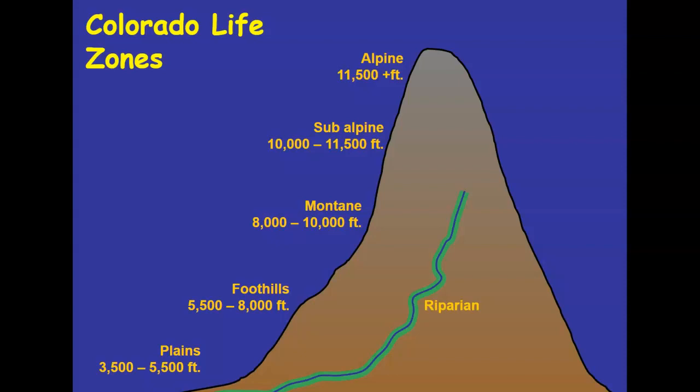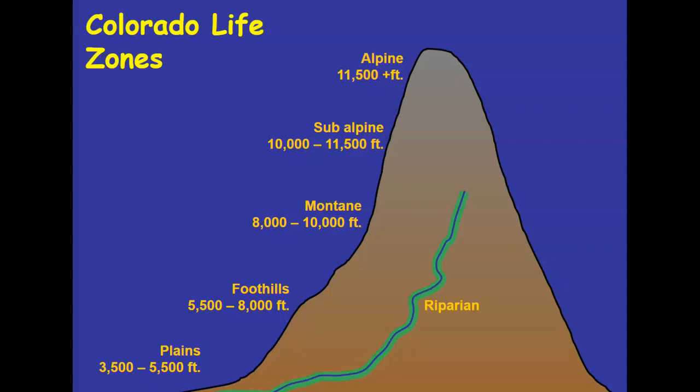The sun does not shine on the northern slopes in Colorado in the winter, so there's more moisture capacity. And then on the western and southern slopes, it's drier and there's a bit more solar radiation because in the winter, the sun is hitting these slopes.